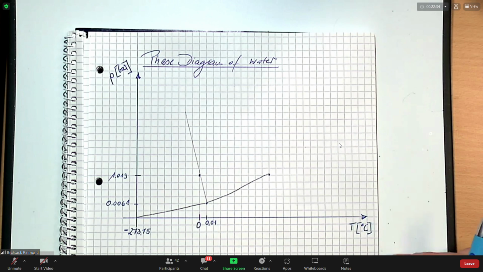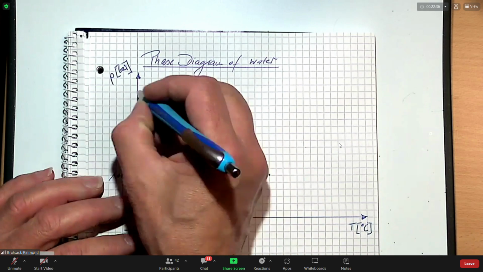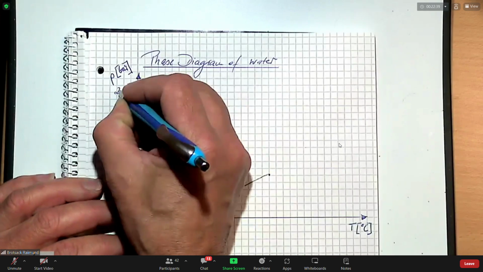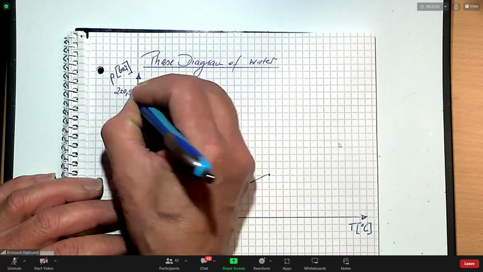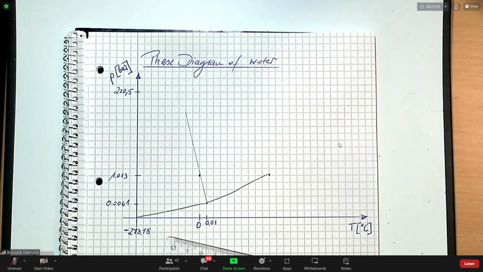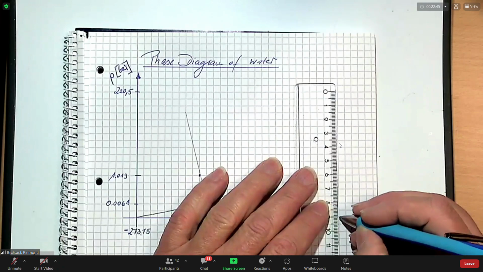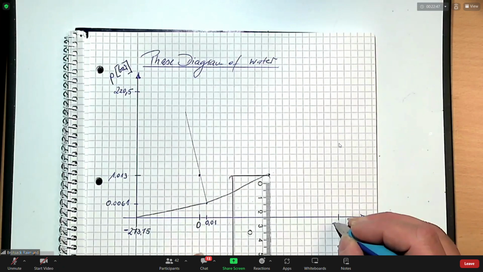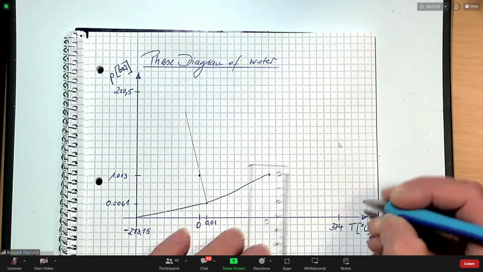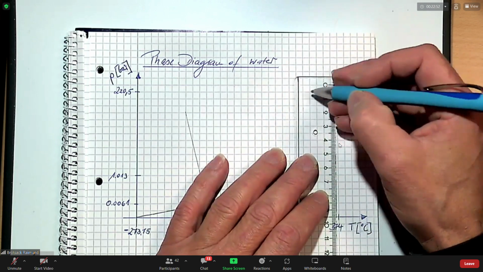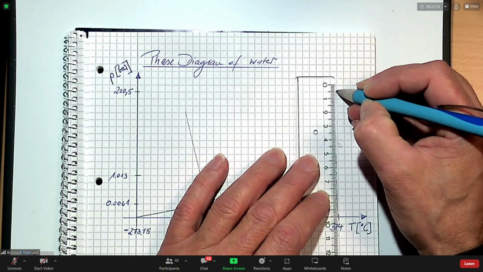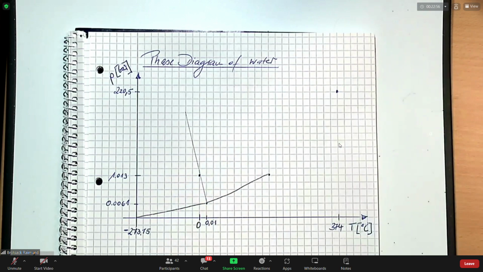It is 220.5 bar and temperature 374 degrees Celsius. This is the so-called critical point of water here.